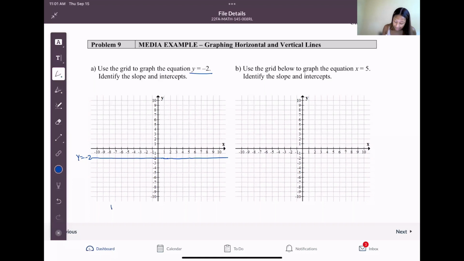The slope is 0. Horizontal lines have a slope of 0. And the y-intercept is (0, -2), but there is no x-intercept because it's parallel to the x-axis. All right, next, for x equals 5, this is going to be a vertical line that goes through 5.